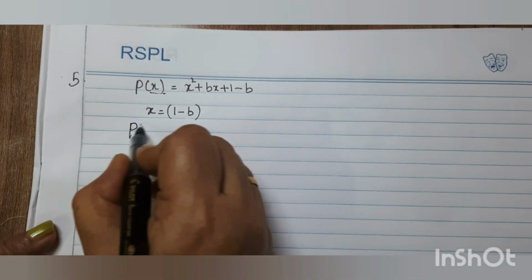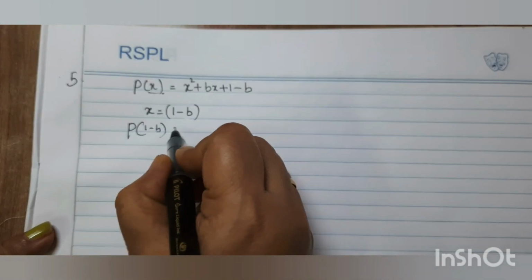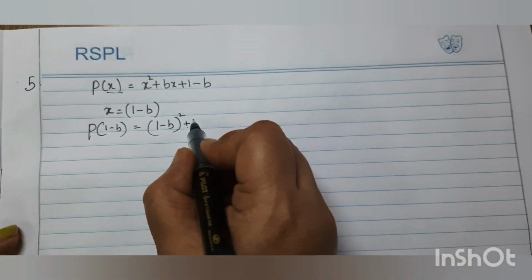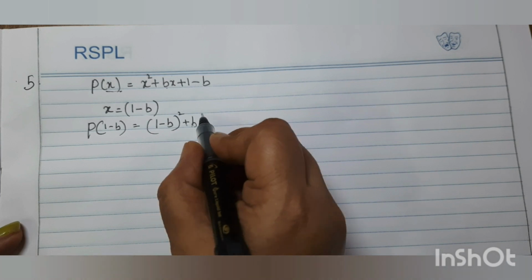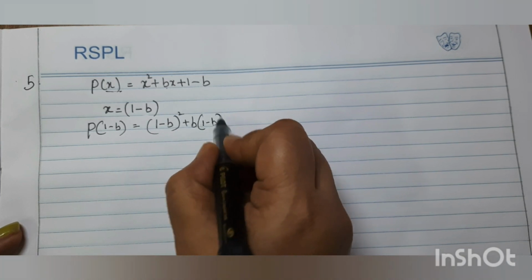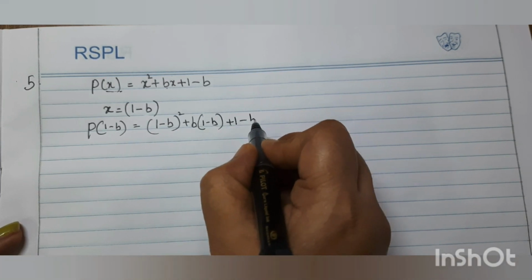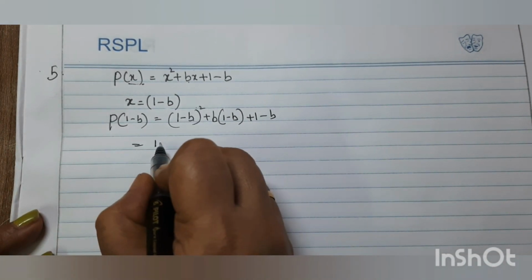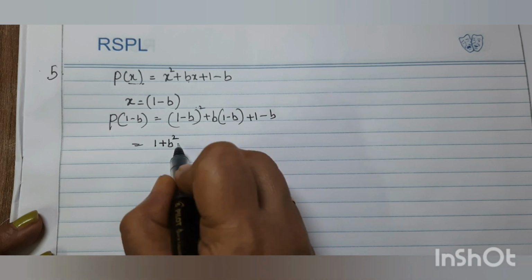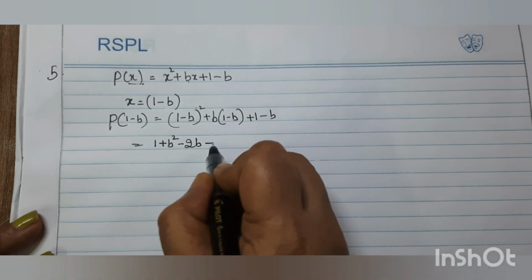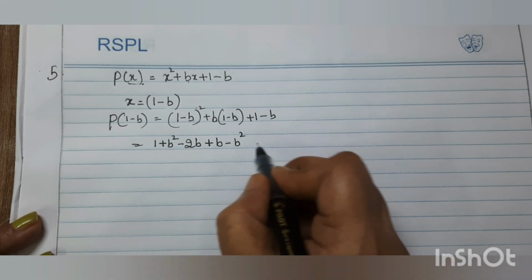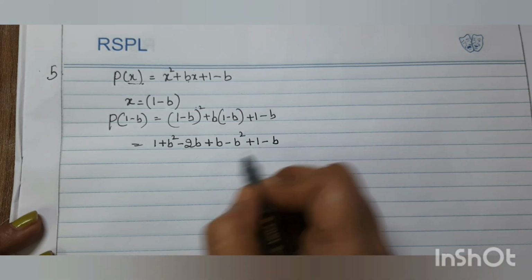So we will substitute this in p of 1 minus b. So (1 minus b) whole square plus b, this b as it is, into x, so we are substituting for x, plus 1 minus b as it is. Using the (a minus b) whole square formula, a square plus b square minus 2ab, plus this b into 1 minus b, minus b square, plus 1 minus b.